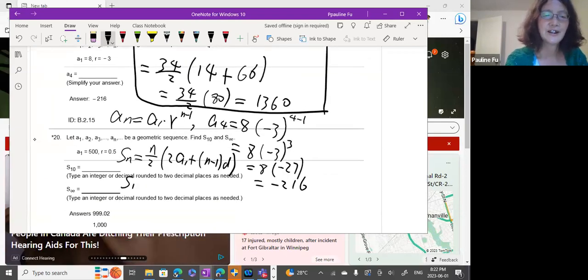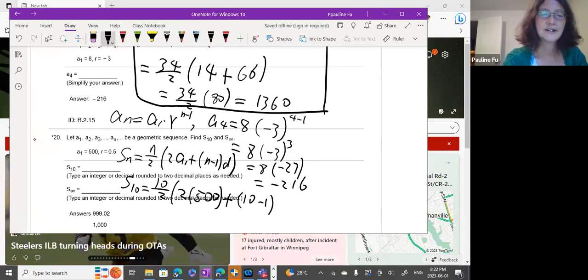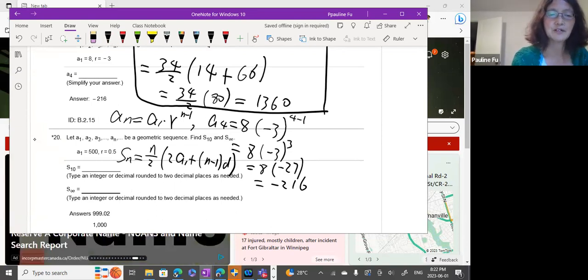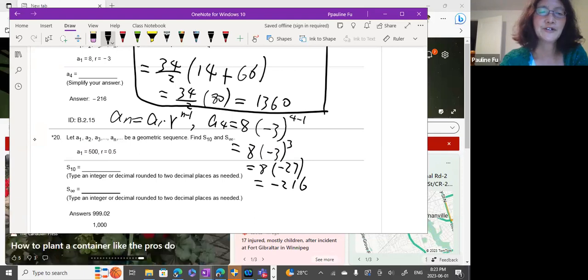So S10 equals 10 over 2 times 2A1, A1 is 500, n is 10. Oh, this is a geometric sequence. Sorry. We need to use the formula for a geometric sequence. I used the arithmetic formula.